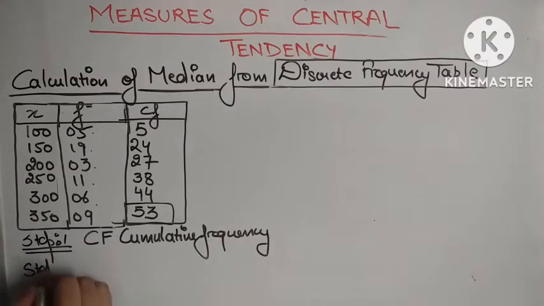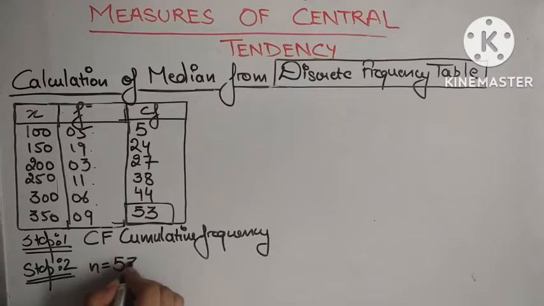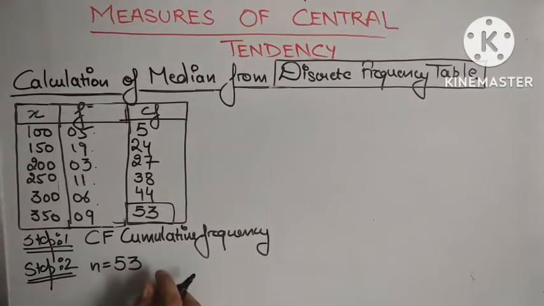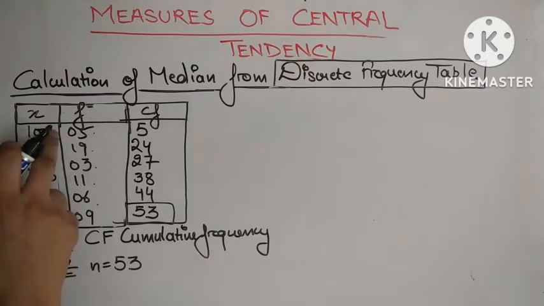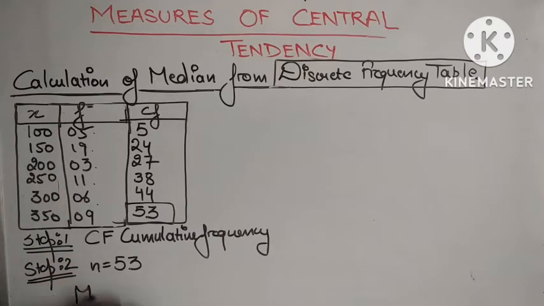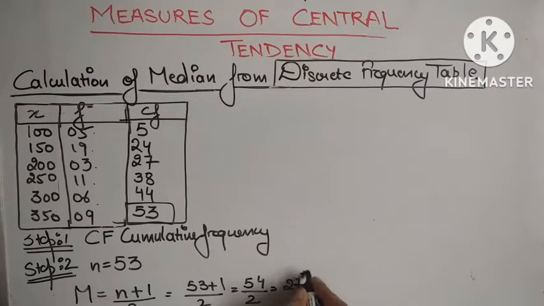In step number 2 we know that our n is 53. Okay, so now we can calculate with the formula. The median is equal to (n plus 1) by 2, which is (53 plus 1) by 2, that is 54 by 2, which is the 27th observation.